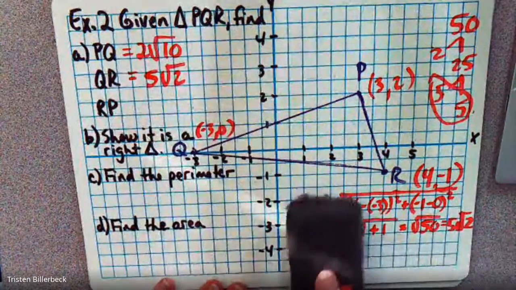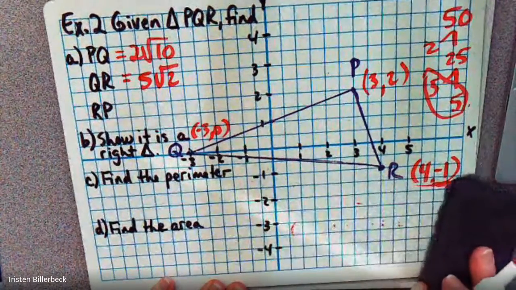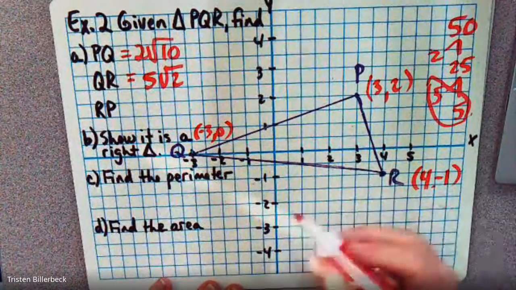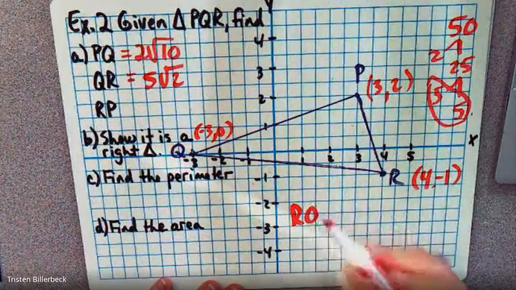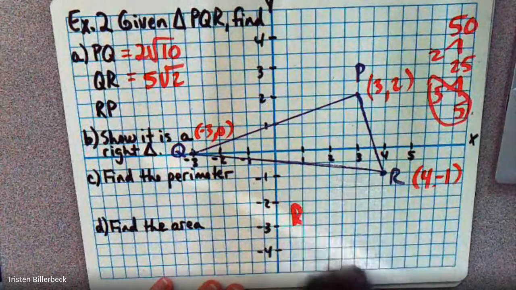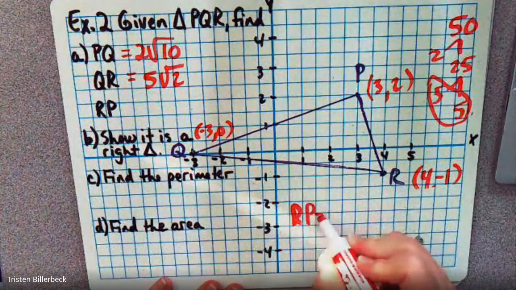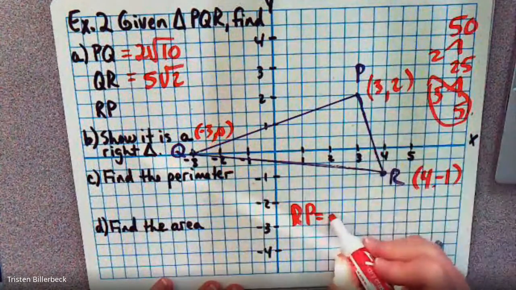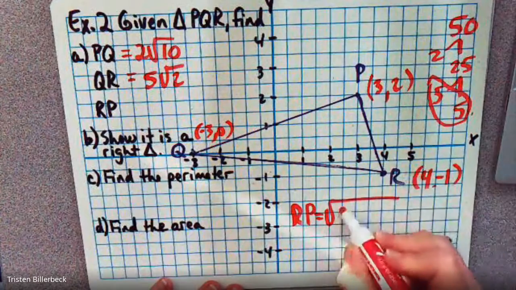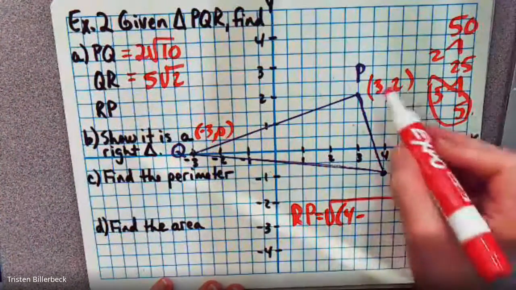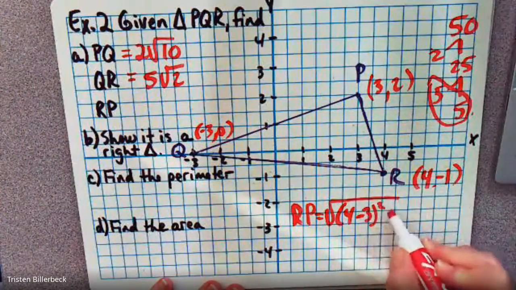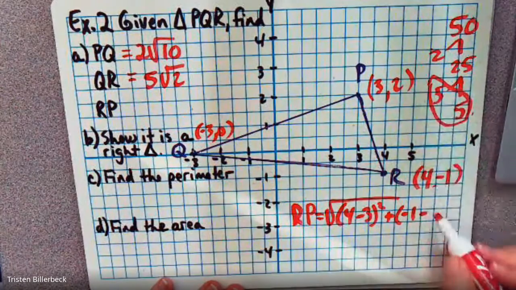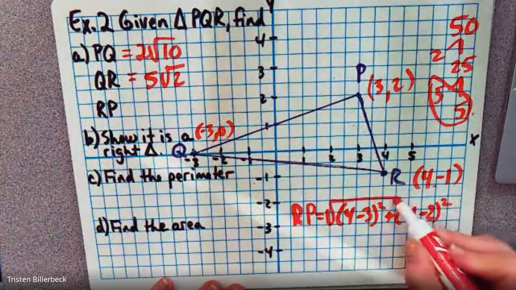Now we're going to look at RP. So RP, whoops, let me write P, is going to be right here. So we have the square root of 4 minus 3 squared plus -1 minus 2 squared.